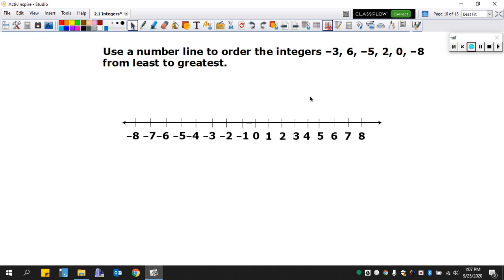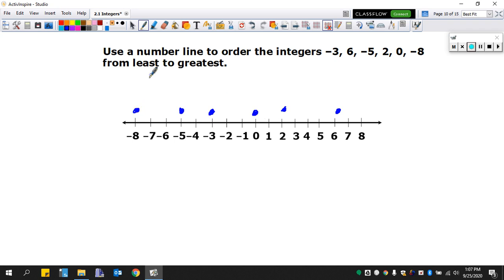Now it says use the number line to order the integers negative 3, 6, negative 5, 2, 0, negative 8 from least to greatest. Well, this is really easy. Just graph them on the number line. Dot above negative 3, dot above 6, negative 5, 2, 0, and negative 8.